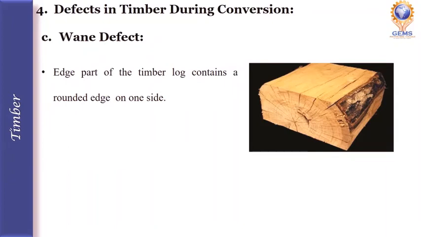The third one is the wane defect. The edge part of the timber log contains a rounded edge on one side because of its original round surface. Some timber may have a round surface, so the timber plank will have a round surface on one side. This type of defect is called a wane defect.